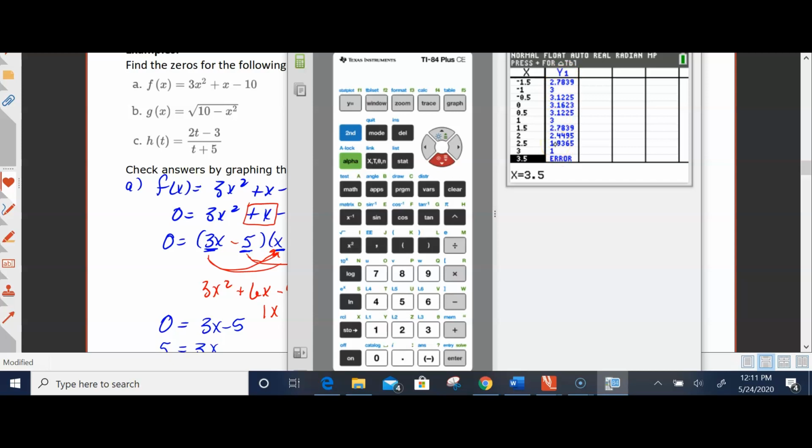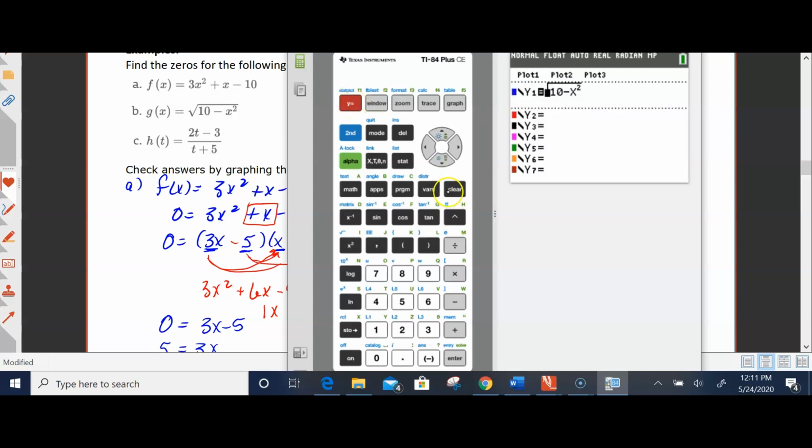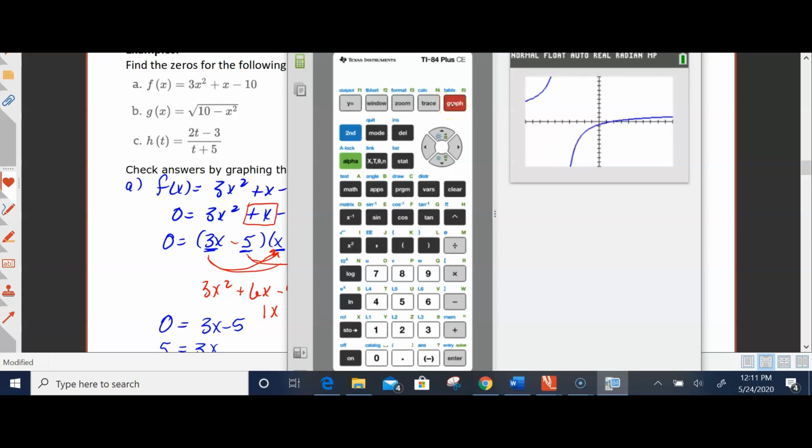Okay, the other graph. Let's clear that out and let's type in a fraction. So for my fraction, I'm going to do a parenthesis, 2x minus 3, close it, divided by, open your parenthesis, x plus 5. When you're doing rational functions like this, you need to enclose the numerator in parentheses as well as the denominator. Let's graph it.